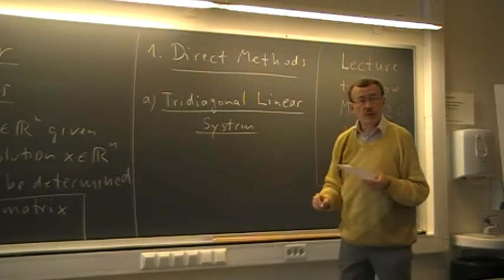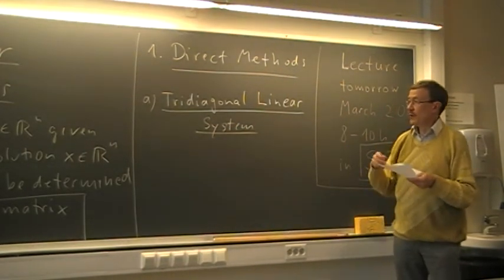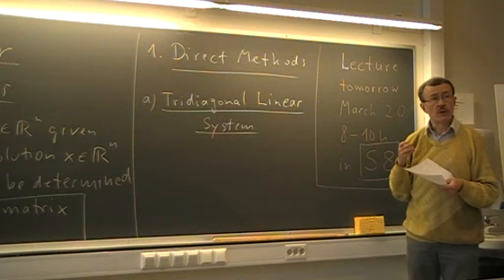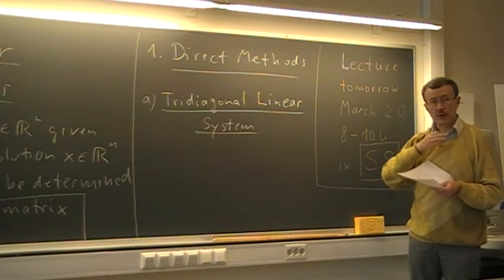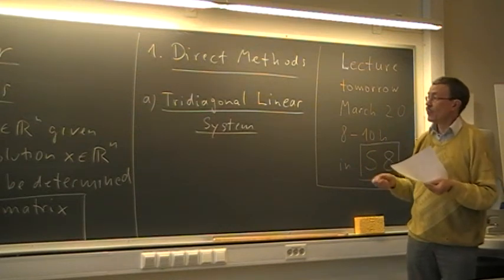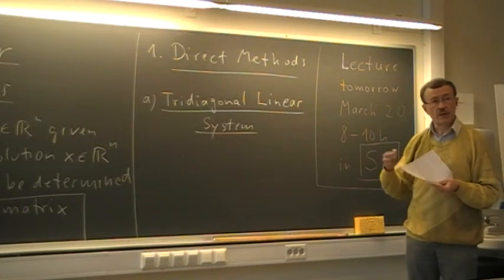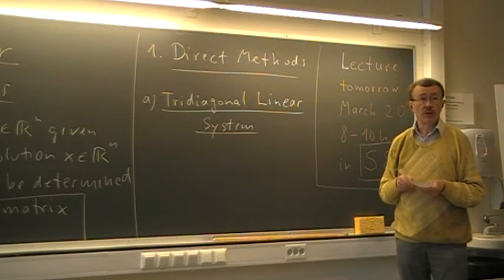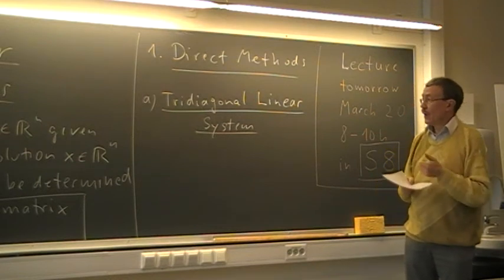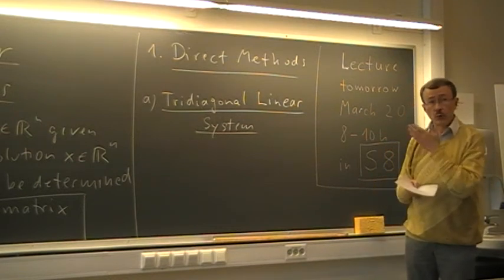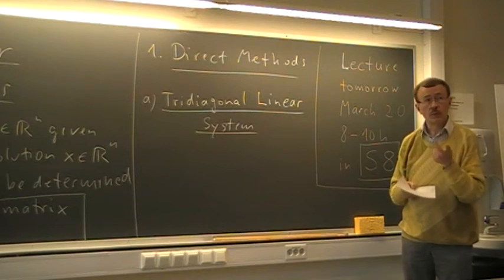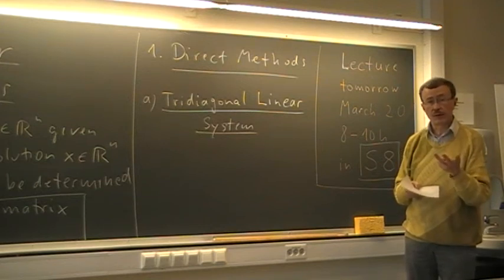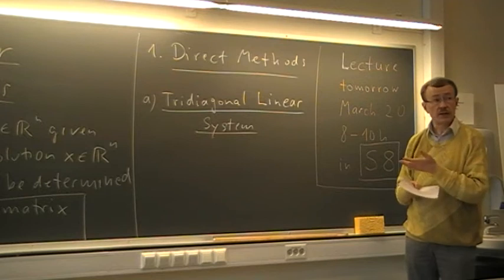If you remember when we discussed the different discretization methods in space, we considered essentially a problem where we have a second derivative equal to some right-hand side. We could say that's the simplest elliptic equation in 1D. And what we get there, both with the finite difference, the finite volume, and the classical finite element method, is a tri-diagonal linear system.